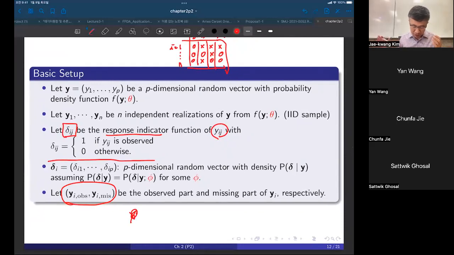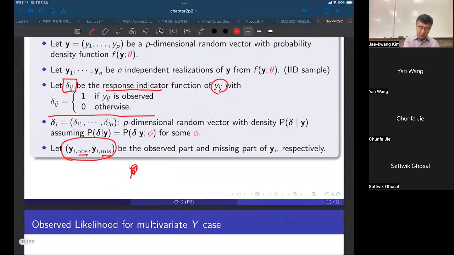This notation represents the observed part and the missing part of the p-dimensional vector, respectively, y_obs and y_mis. For example, p equal to 4, y1, y2, y3, y4, and delta 1, delta 2, delta 3, delta 4 is 1, 0, 1, 0.